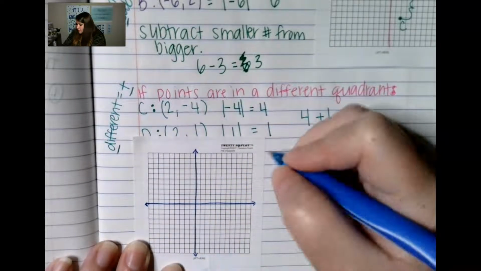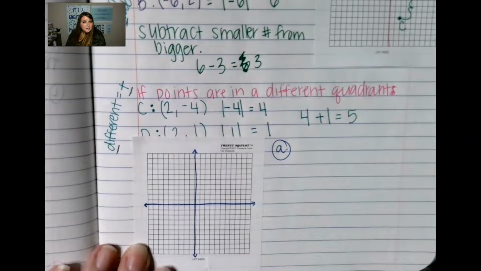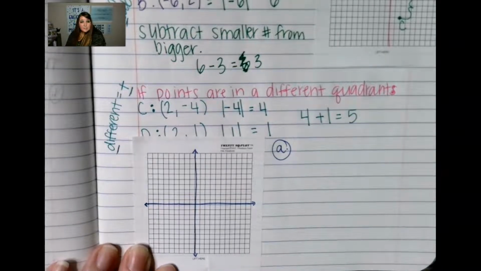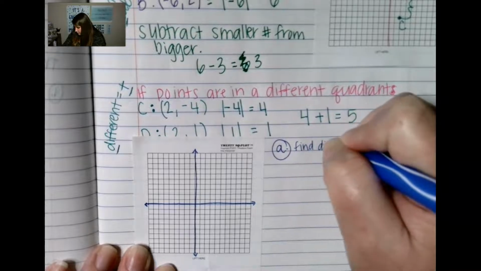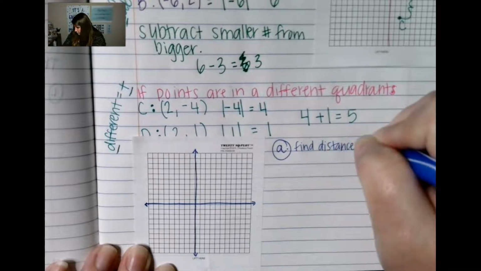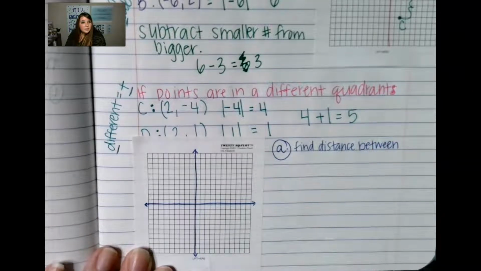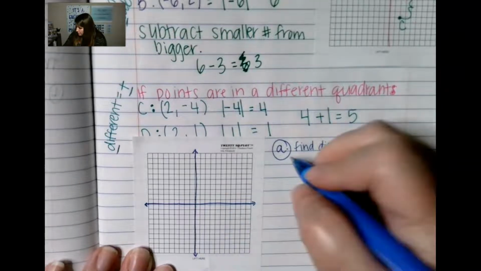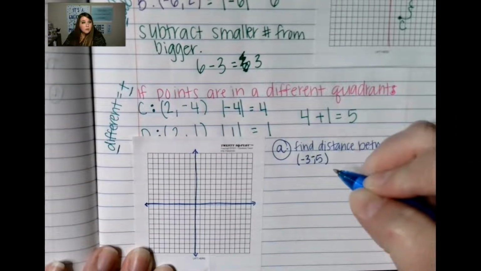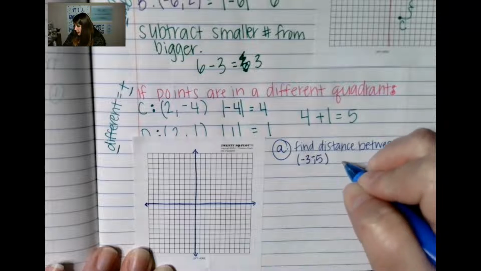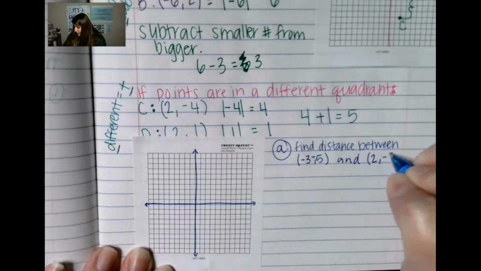Okay, so let's do example A. Okay, so here's example A. Example A wants you to find the distance between negative 3, 5, negative 3, negative 5, and 2, negative 5.